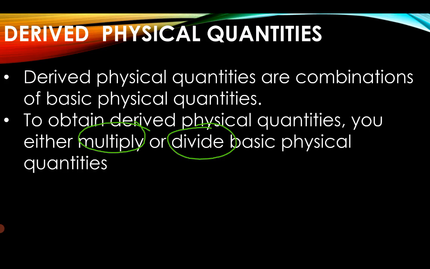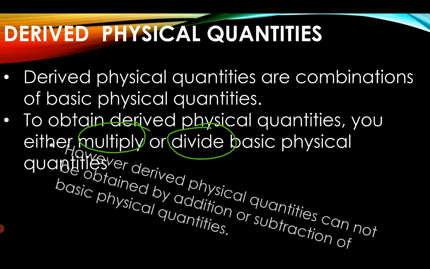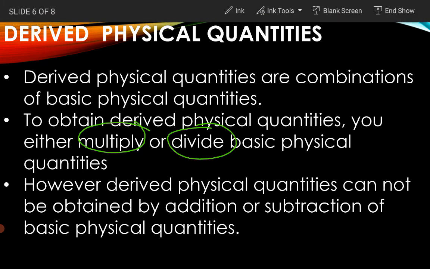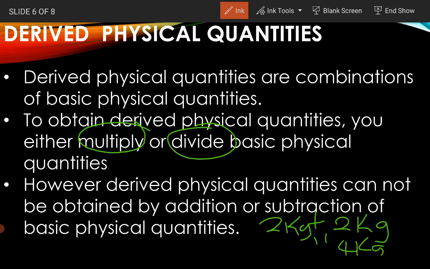But you do not obtain physical quantities by addition or subtraction of basic physical quantities. So if you have, let's say, 2 kgs and another 2 kgs, you don't get a different quantity. You still get mass, 4 kgs, which is still mass.